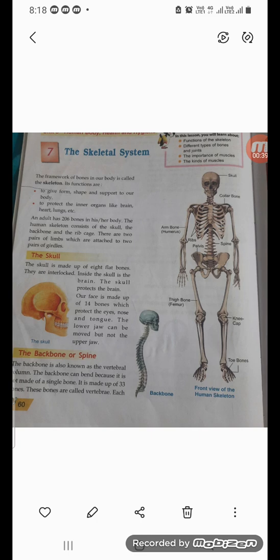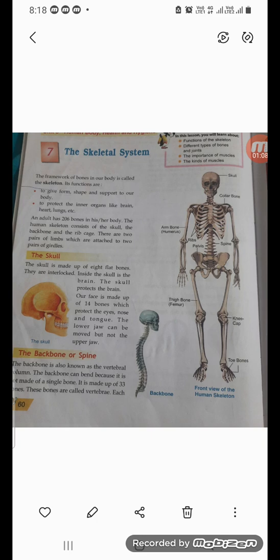Okay, so here you can see the picture of the human skeletal system. The framework of the bones in our body is called the skeletal system. Now, what is skeleton? Skeleton is actually the framework. If we did not have a skeleton in our body, only the skin and muscles would not be able to hold the body upright.